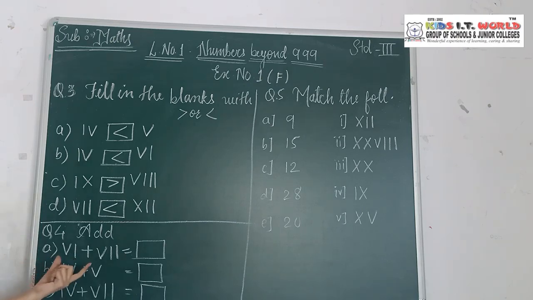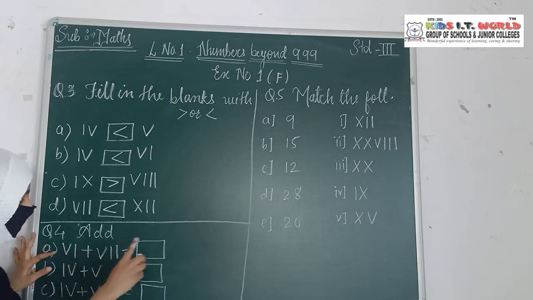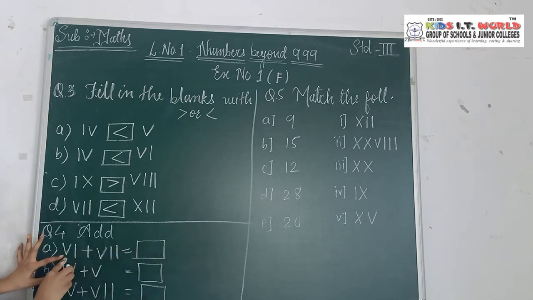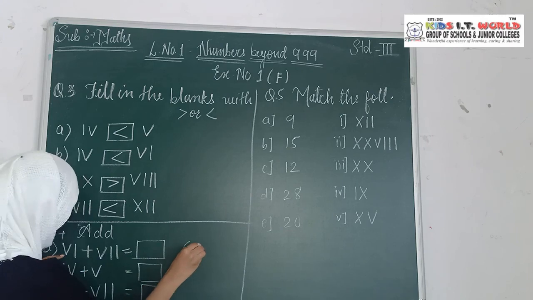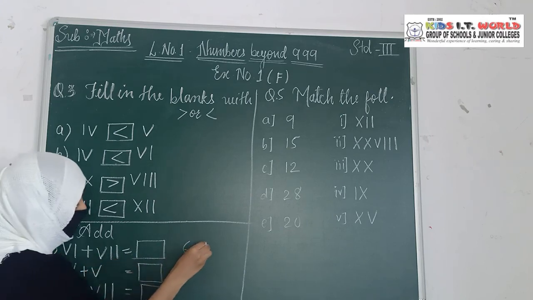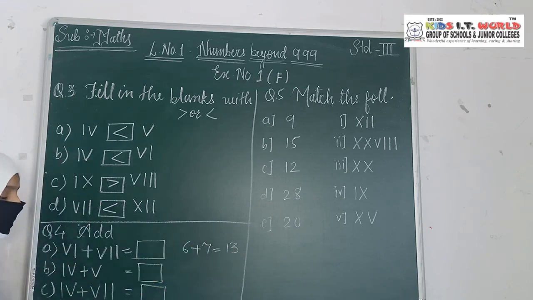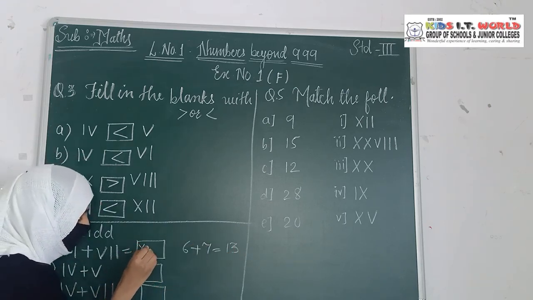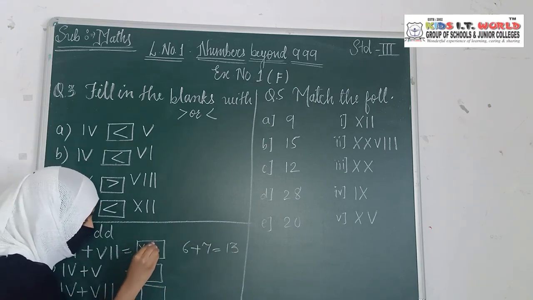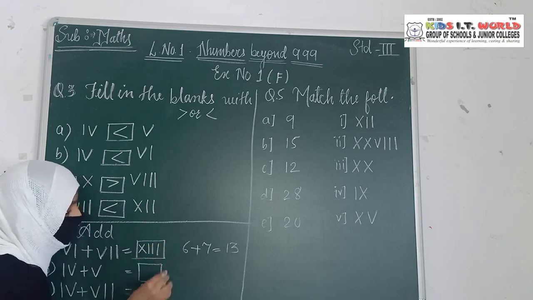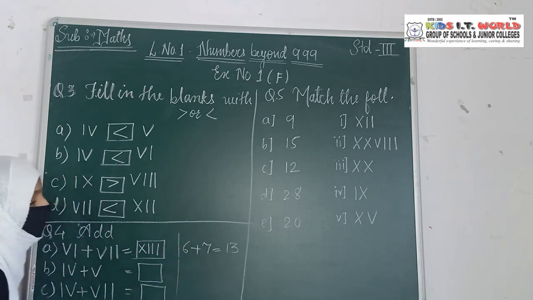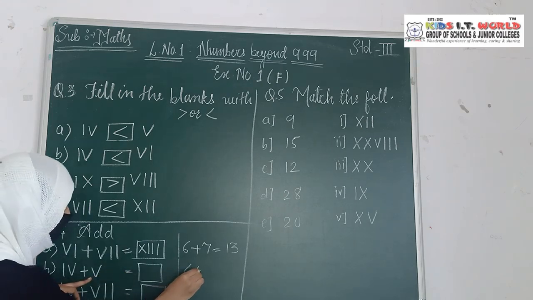If you are not able to read the number directly, you can write the number in the Hindu Arabic form. So it is 6 plus 7. 6 plus 7 is 13. Now how will you write the 13? X for the 10. 1, 2, 3. This is 13. This is just for understanding. Here it is 4 plus 5.